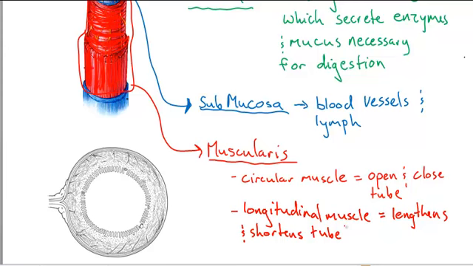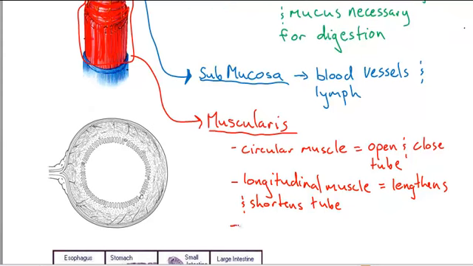And together, these two muscles actually perform what's called peristalsis, which is rhythmic muscle contractions, which we'll define later on. So it's rhythmic muscle contractions which actually propel or move food along the digestive tract.